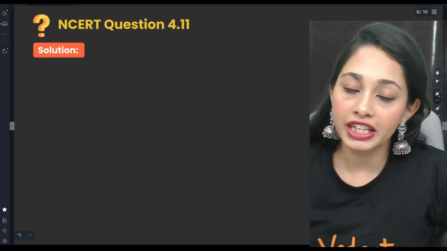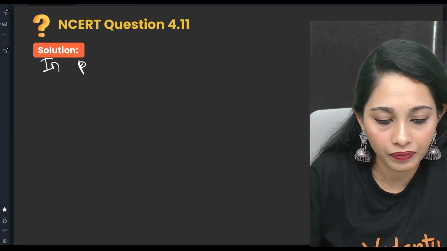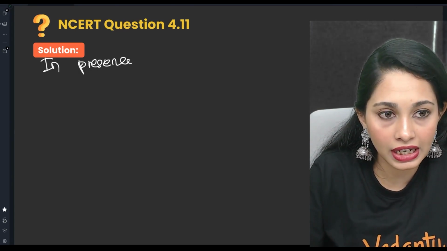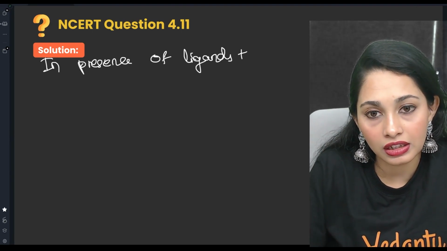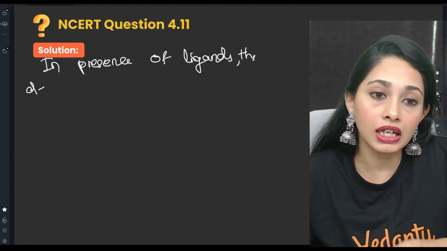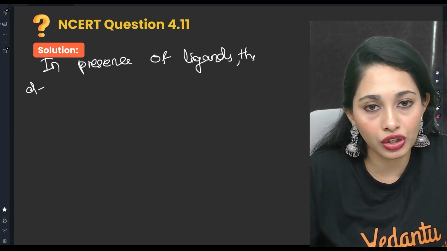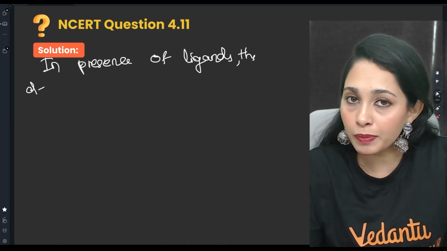So electron donating species are called ligands. We will be discussing in detail about ligands in coordination compounds. As of now, ligands are the electron donating species.